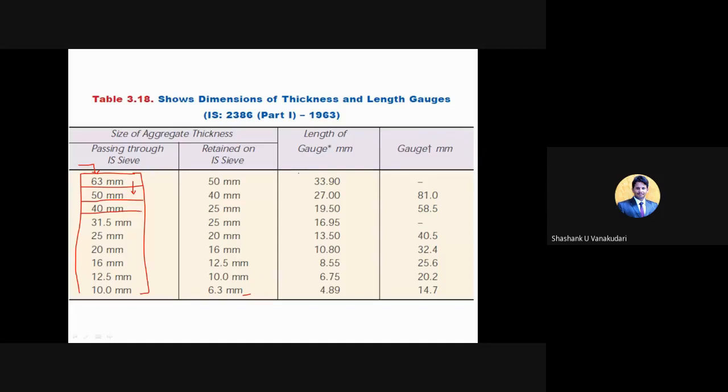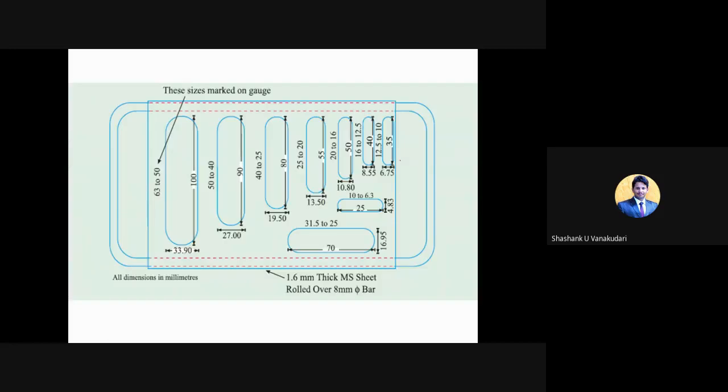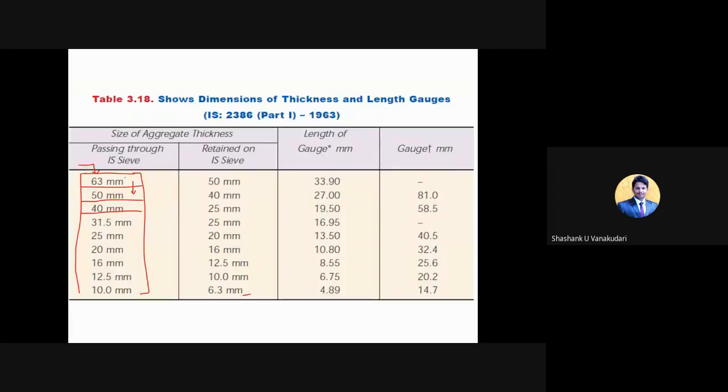So what you need to do is take the aggregates randomly within these sieve sizes, which are arranged from 63 to 6.3. Listen carefully: the aggregates which pass through 63 and are retained on 50 mm. Here you need to collect around 200 particles.